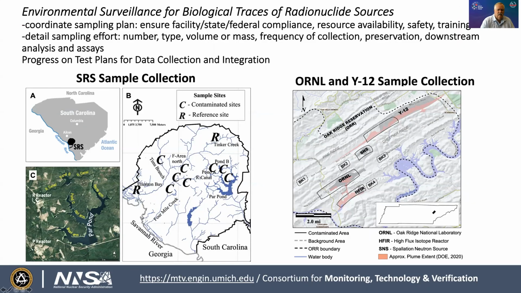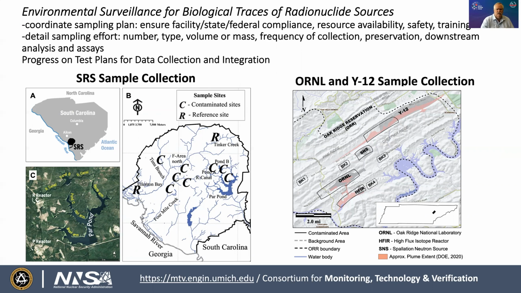Subsequent to that, we also became part of a consortium for monitoring technology and verification with the National Nuclear Security Administration. Basically, this is a proof of principle of detecting nuclear production activity from environmental samples. That could be soil, sediment, groundwater, wastewater, and cooling towers.